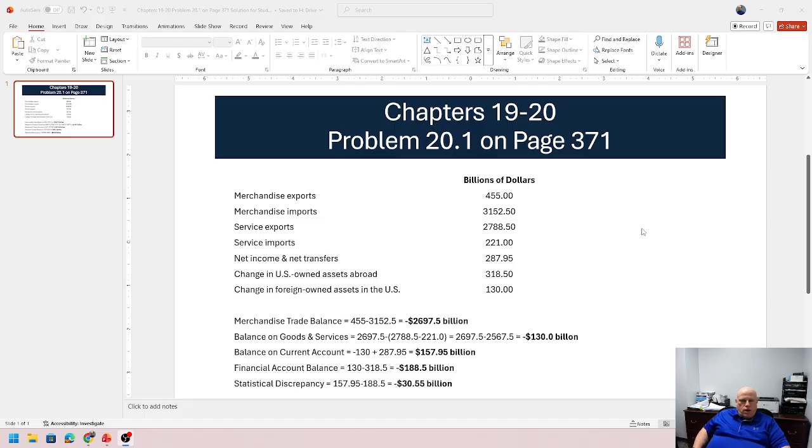And then the next calculation was financial account balance. This is calculated by taking the change in foreign-owned assets in the United States minus the change in U.S.-owned assets abroad.